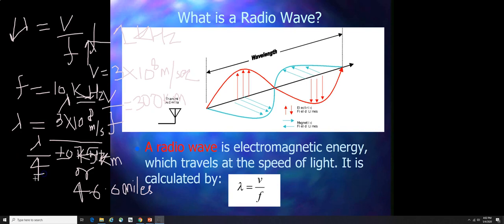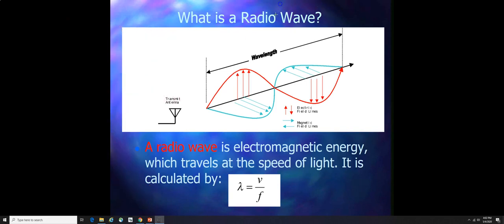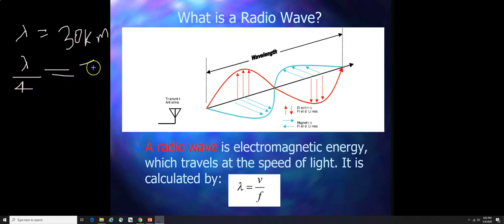So this will come out to be 30, the wavelength will come out to be 30 kilometer, and the antenna size will be 1/4 of this wavelength, and this will be 7.5 kilometer.